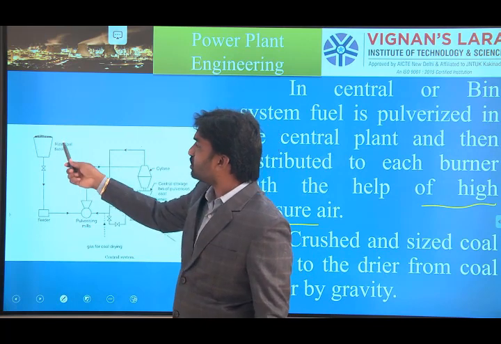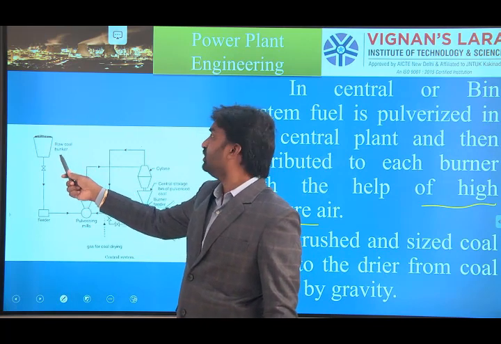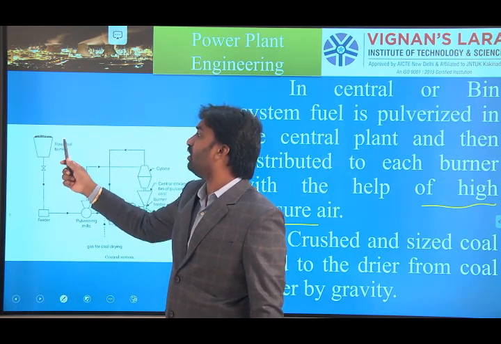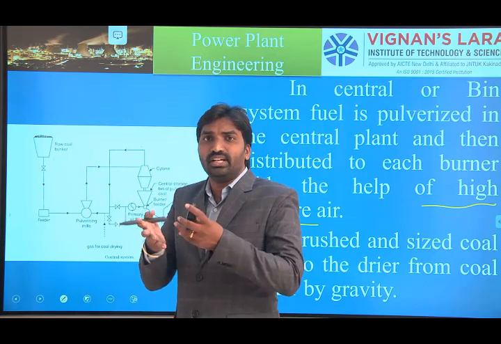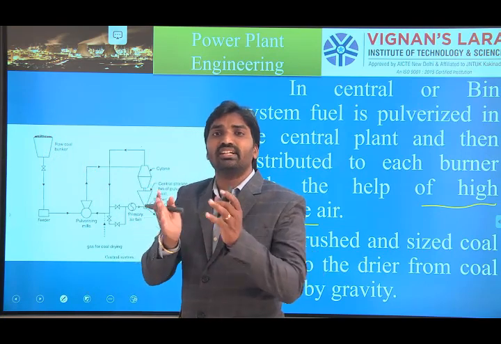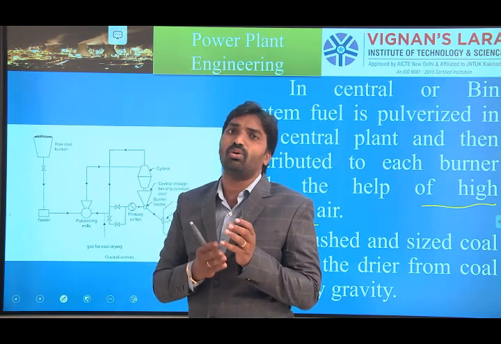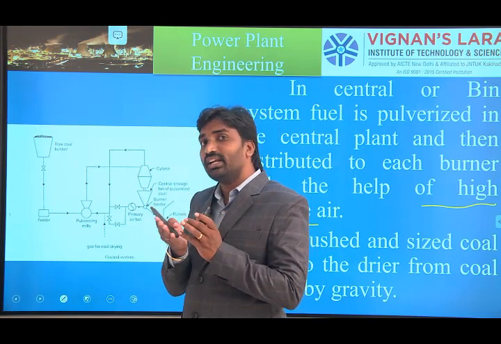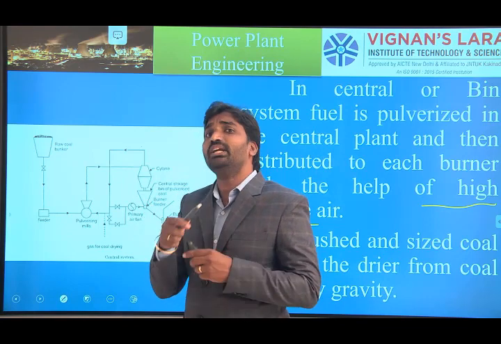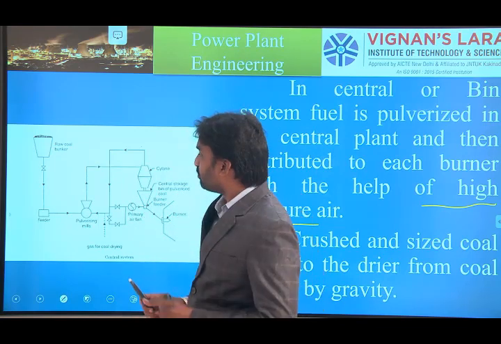Here also it is similar: we collect the raw coal in a raw coal bunker. The coal may have large content or different dimensions, so we need to do the grinding or pulverization process.